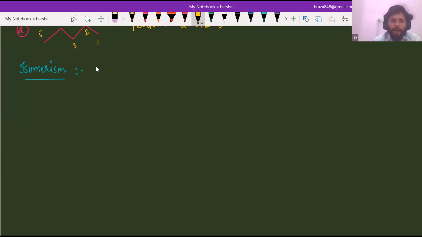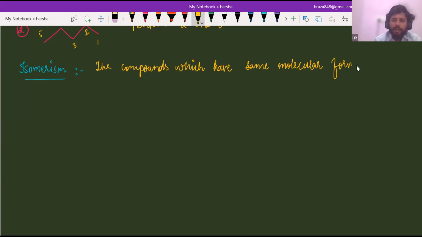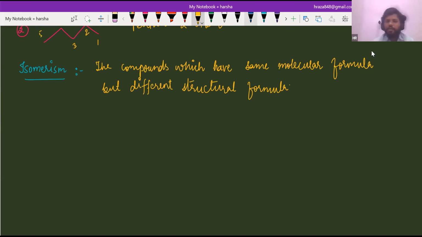Basically, the compounds which have the same molecular formula but different structural formula are related as isomers, and the phenomenon is known as isomerism.